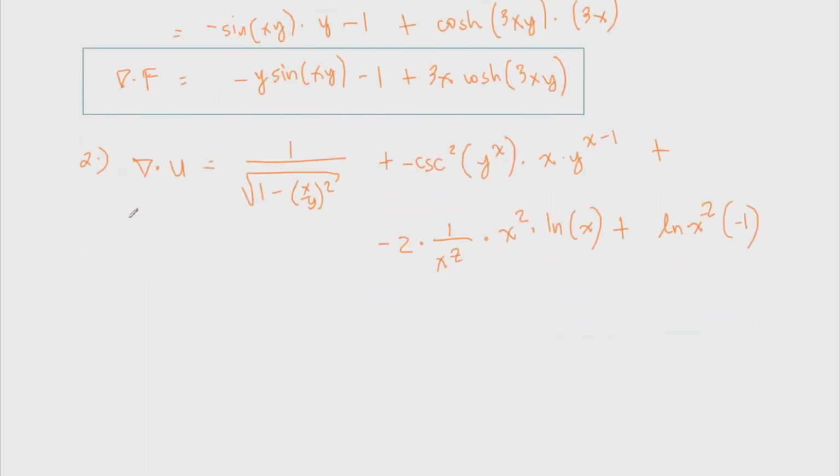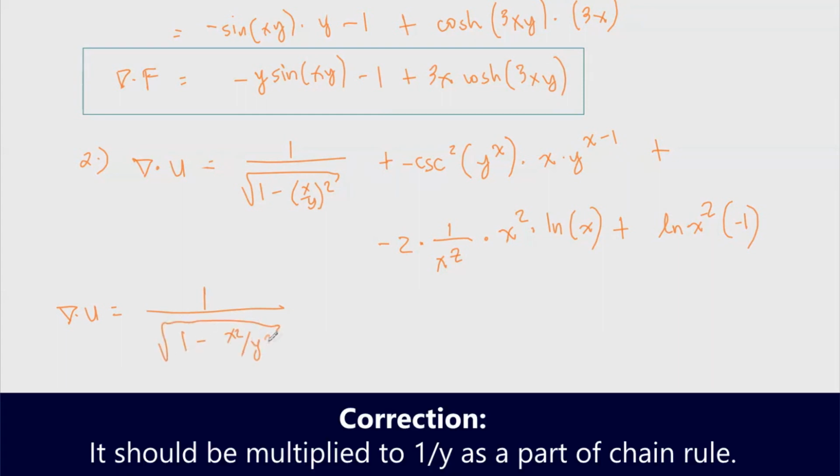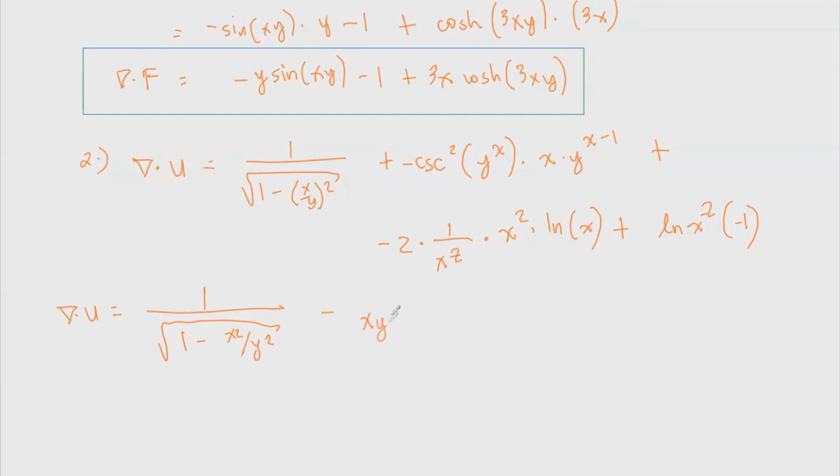Okay, so with this, the divergence of u is equal to 1 over the square root of 1 minus x squared over y squared, and then we have minus x y to the x minus 1, and then cosecant squared y to the x, and then I think this should be minus 2 or z.